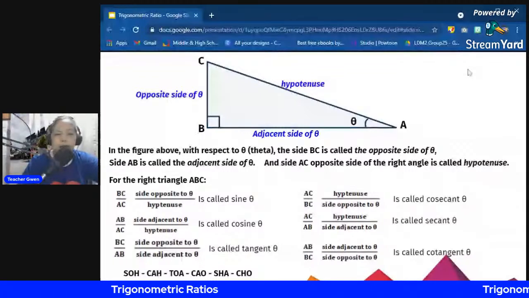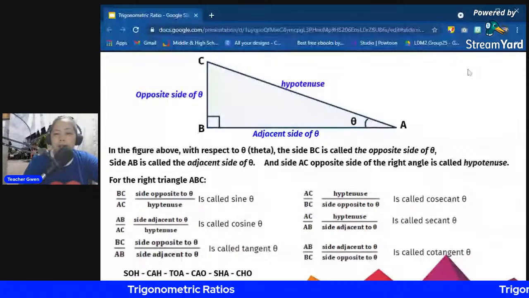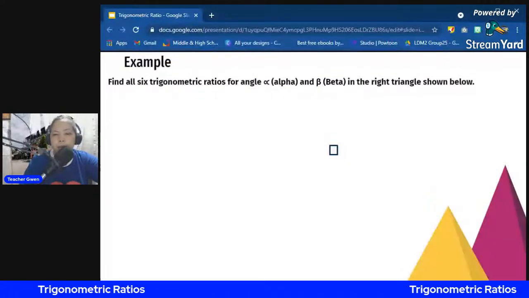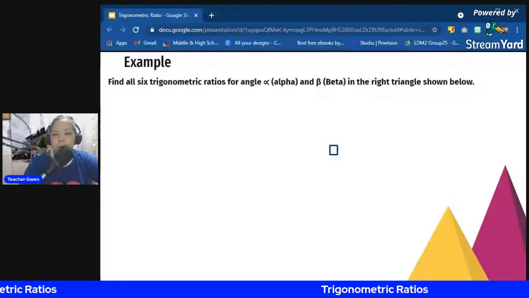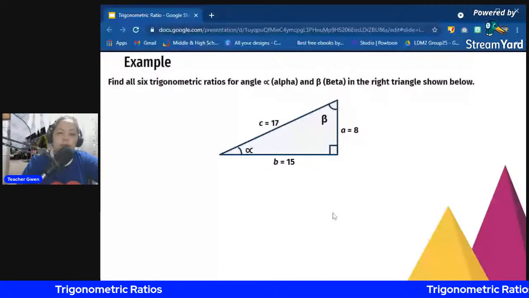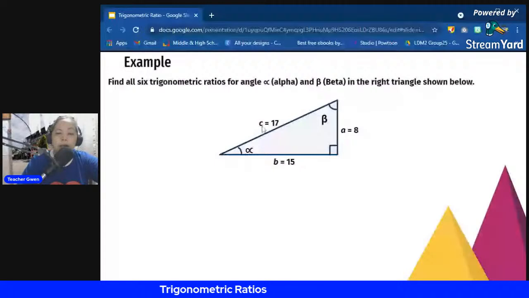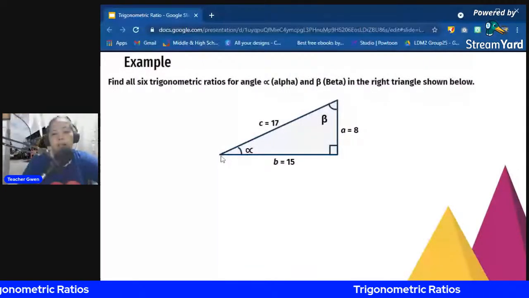Find the six trigonometric ratios for angle alpha and beta in the right triangle shown below. So this is alpha and beta. Here you have side C. Sides are usually small letters, while their opposite angles are usually capital letters.